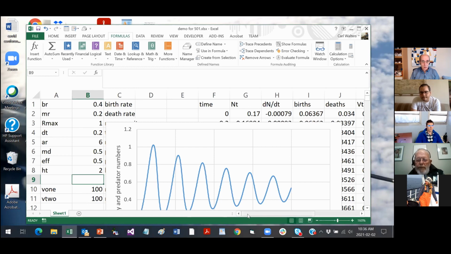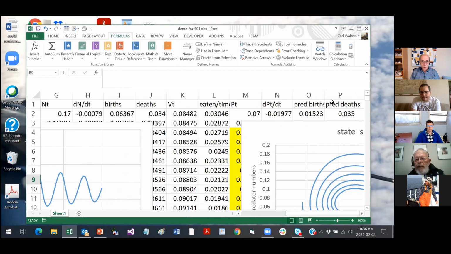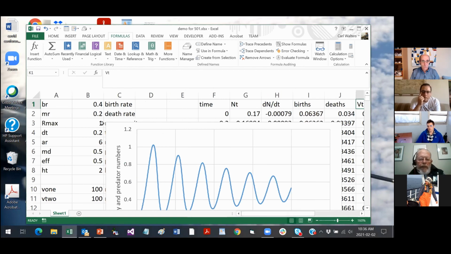Something that happens in Ecosim is, what happens if I add a variable to this system, no matter what I call it, that has really high rate constants for its births and deaths and so on? What will happen in that case is the system becomes mathematically what's called stiff.